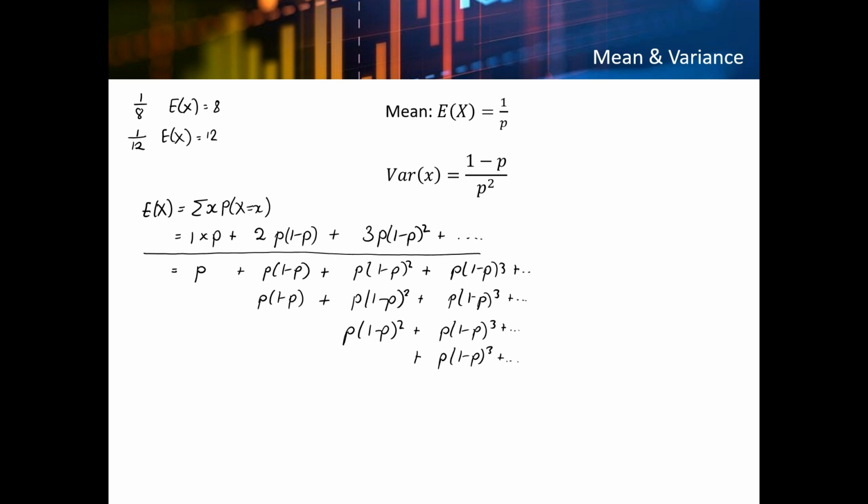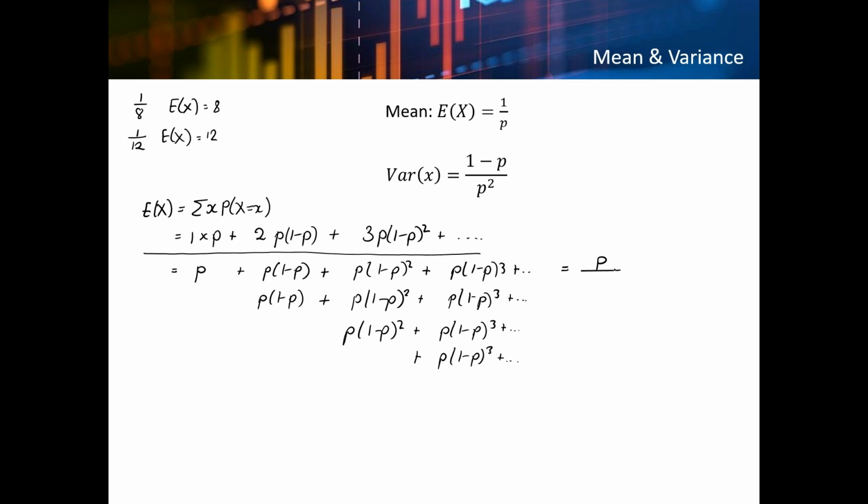So that means I can use the sum to infinity for a geometric series for each one of those. If we have a look at this one, this is a over 1 minus r for that formula, don't forget. a is p, and our r term is 1 minus p. So I've got 1 minus (1 minus p), which is just p, so p over p, which is 1.